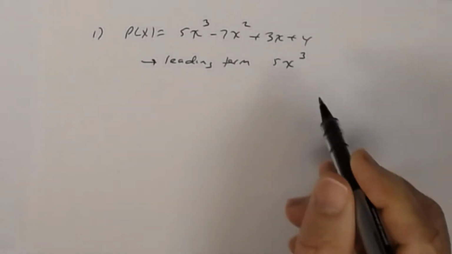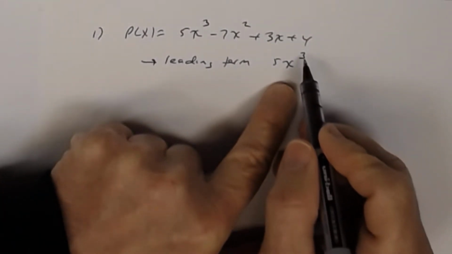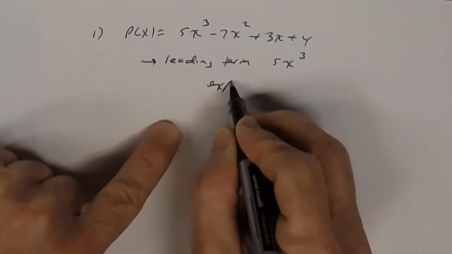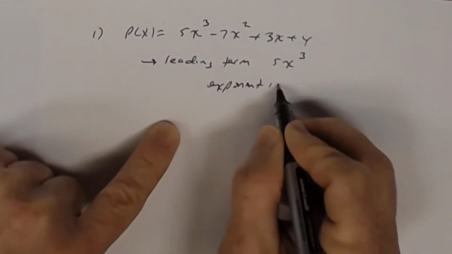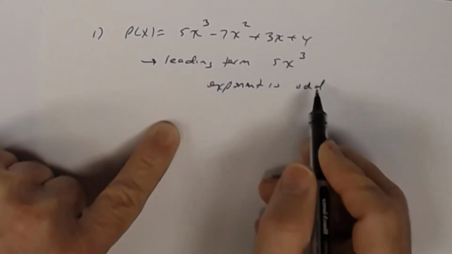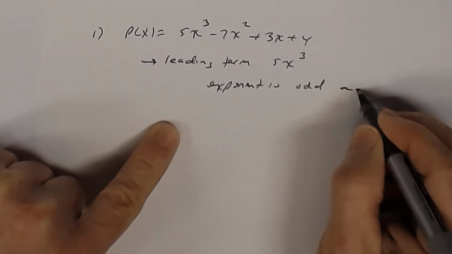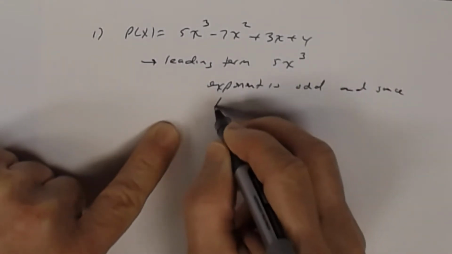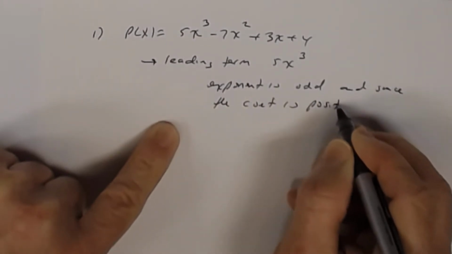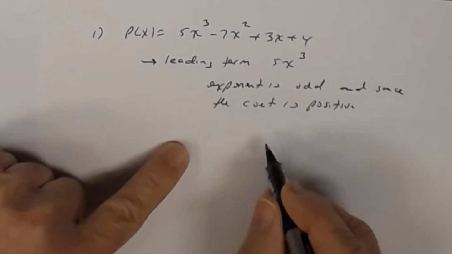All right. Then we saw, since the exponent is 3, since the exponent is odd, and since the coefficient is positive, the end behavior will look like this.